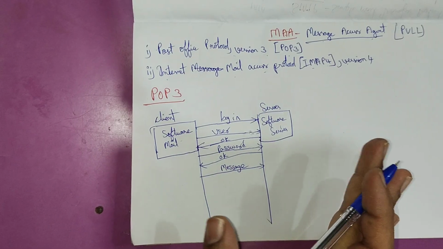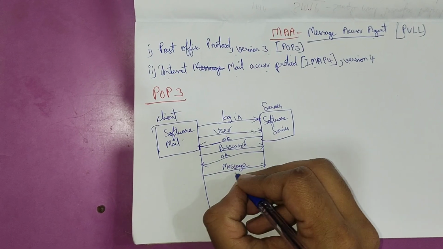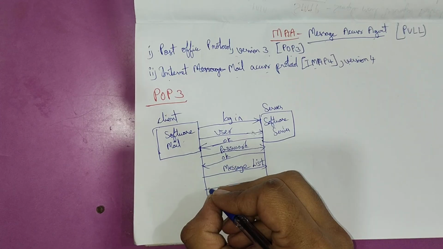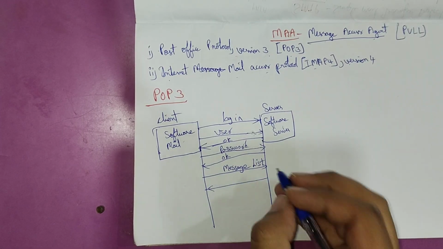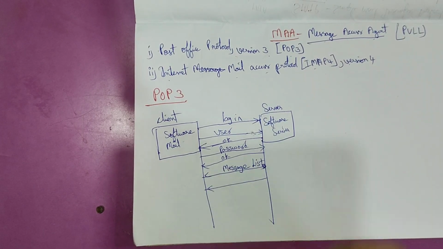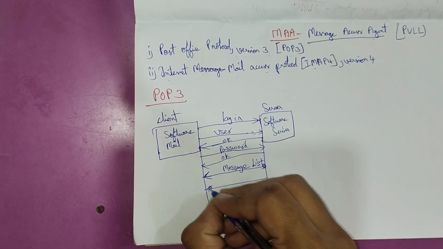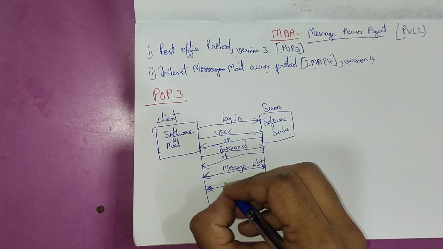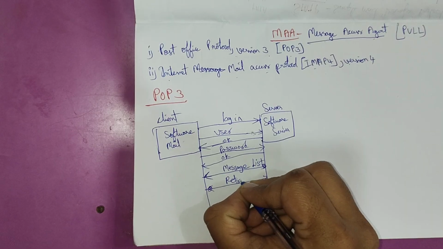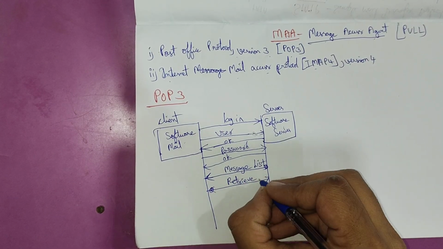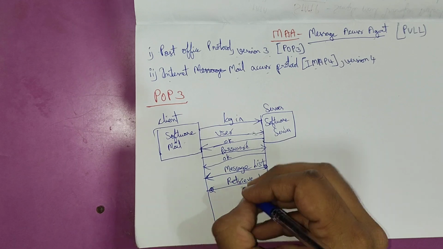How many messages there are, all of them will be shown as a list. Whatever messages he wants to view, he gets them. If he wants to retrieve one of the messages, he makes a request, retrieve message one.